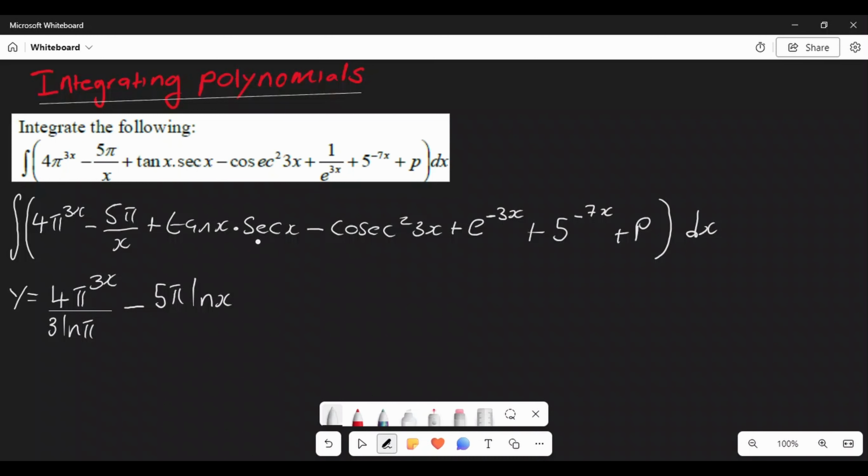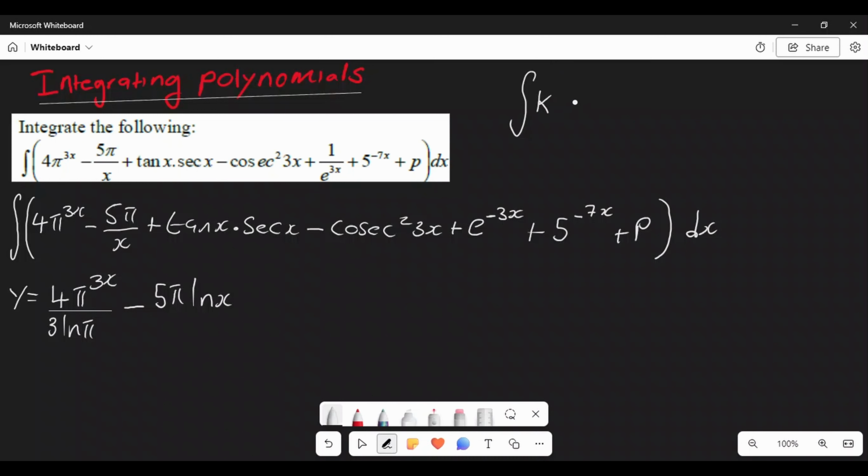Now, if you know the differentiation of trigonometric ratios, you know that tan multiplied by sec is actually the differentiation of sec. Now, you also need to understand that when we integrate, we're actually going backwards to differentiation. So this is a derivative of sec. So what is the integration of tan x sec x? If I were to write it, let me write it.